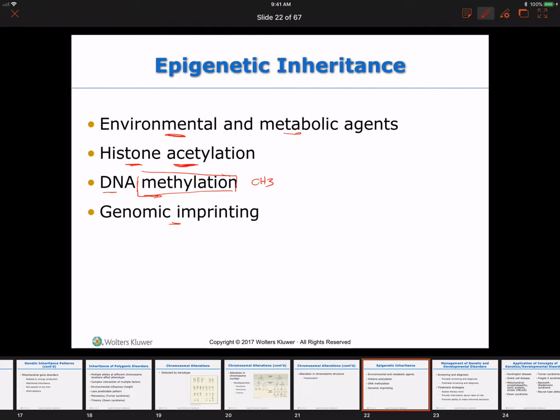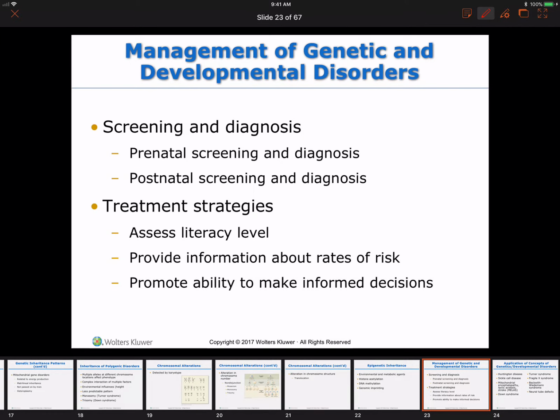Now, how can these be assessed? Well, there is what's called prenatal screening and diagnosis and postnatal screening and diagnosis, things that can be done during pregnancy, before birth, prenatal, and after birth, postnatal.